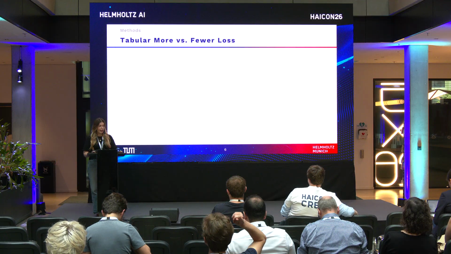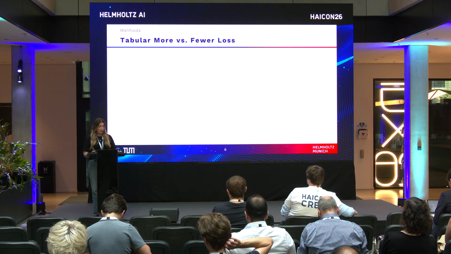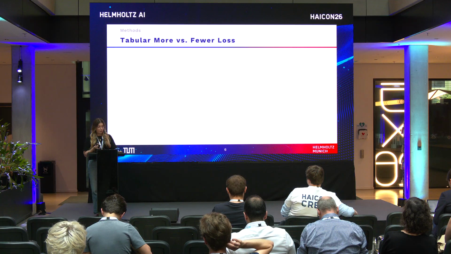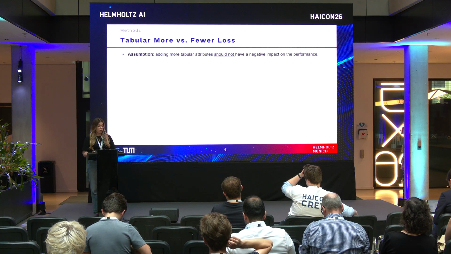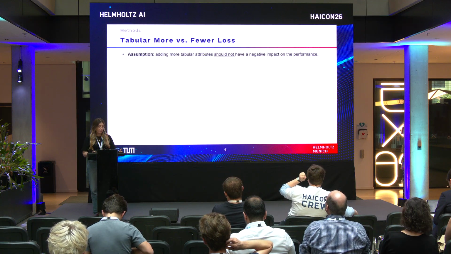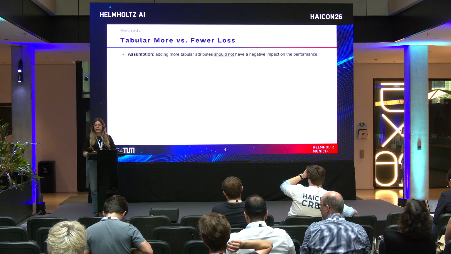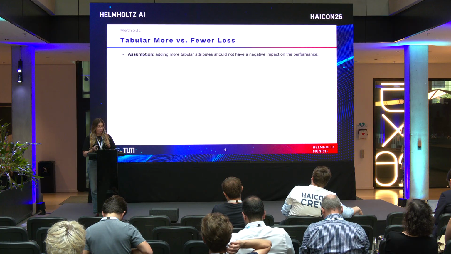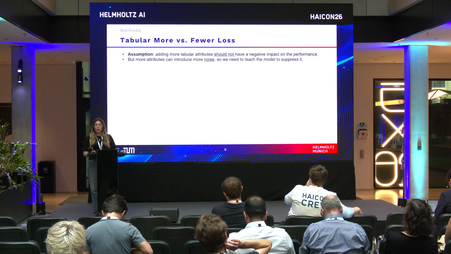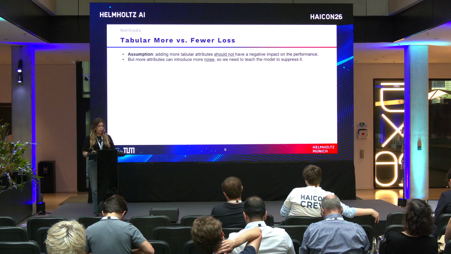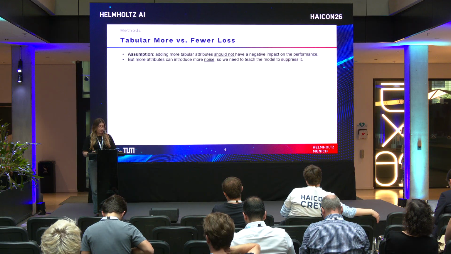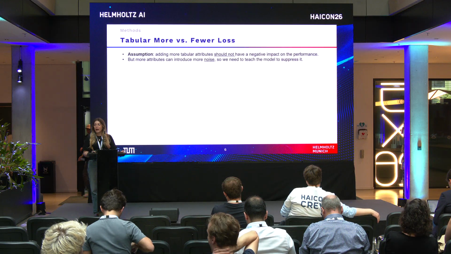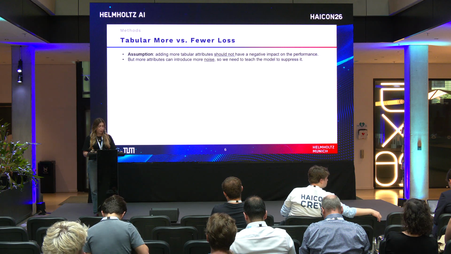So now looking at our tabular ranking loss that we call Tabular More versus Fewer. So here we once again operate on this assumption that adding more tabular attributes should not have a negative impact on the performance because we have more information. But as I mentioned, that's not always happening, most likely due to the noise that comes from some attributes. So we need to teach the model to actually suppress those noisy information.